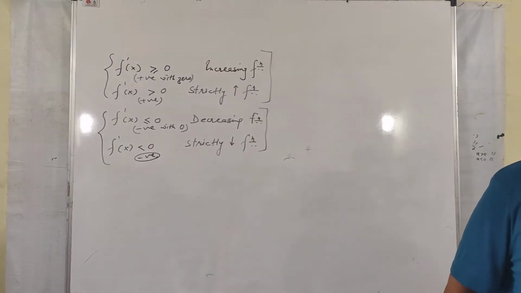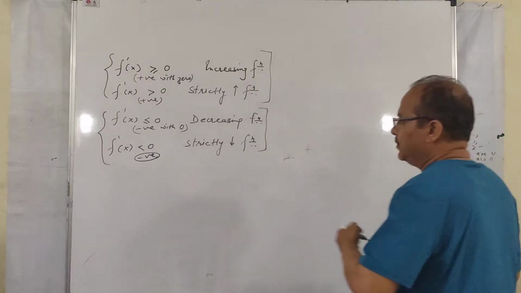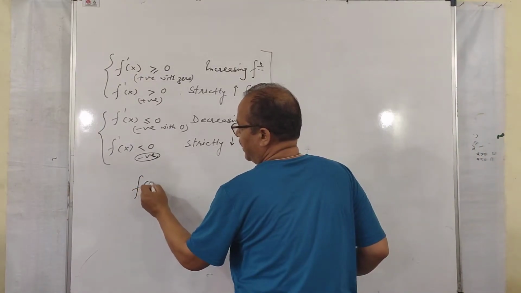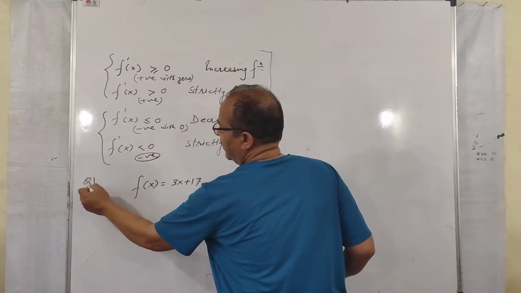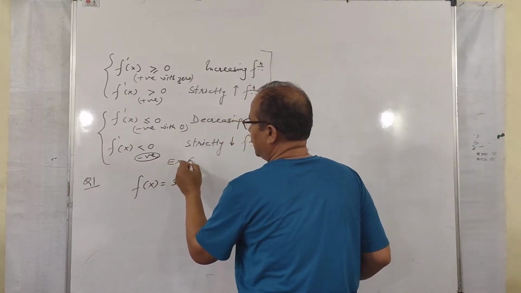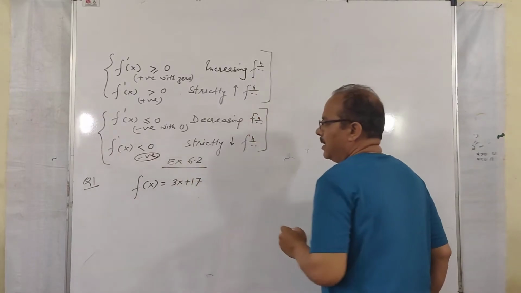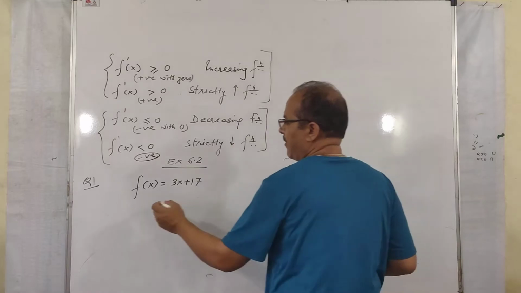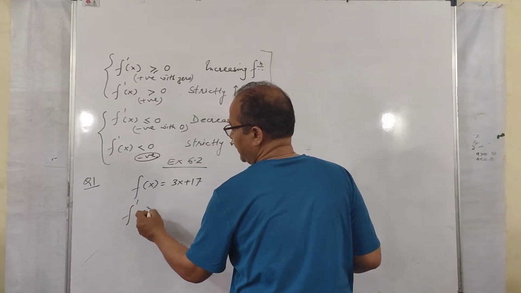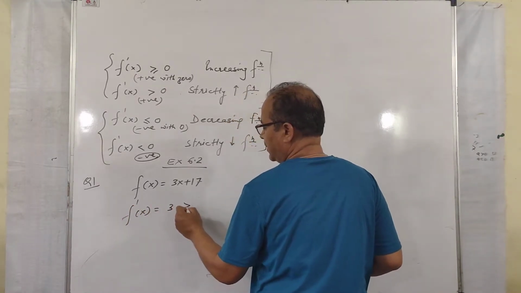Exercise number 6.2, question number 1. Show that the function given by f(x) is equal to 3x plus 17 is an increasing function, strictly increasing function on R. No doubt, f dash x, when you calculate, you will get 3, which is greater than 0.